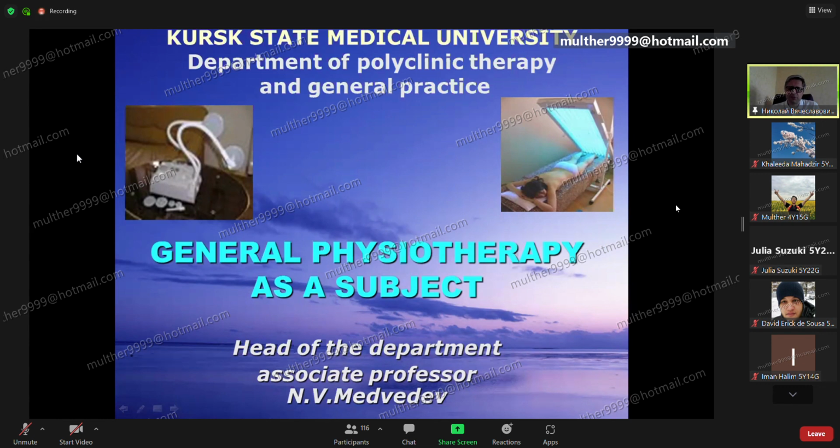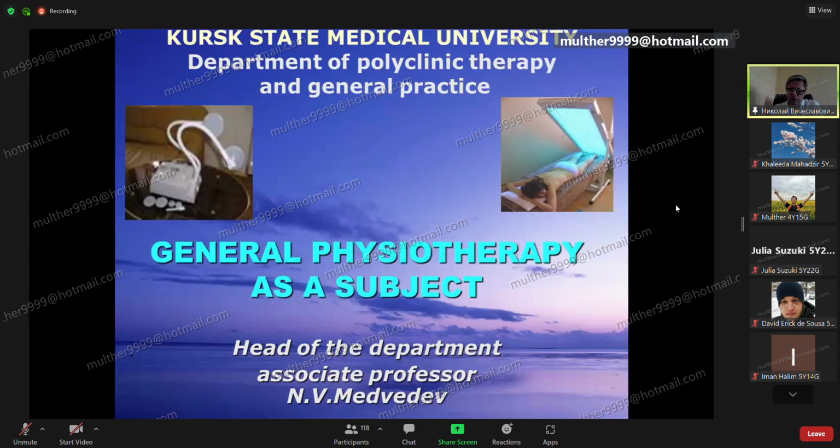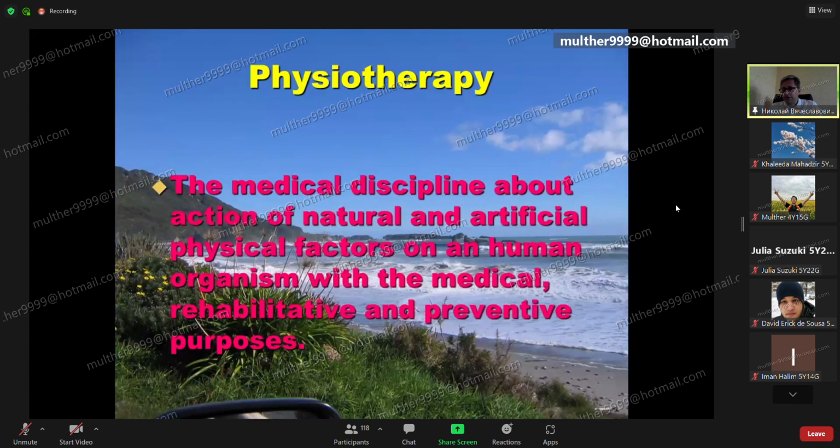The first part, the shorter part, will include general information or introduction about physiotherapy as a separate independent medical discipline, main principles of application of physical factors, indications, contraindications, classification, and some other important information about application of physiotherapy in daily medical practice.